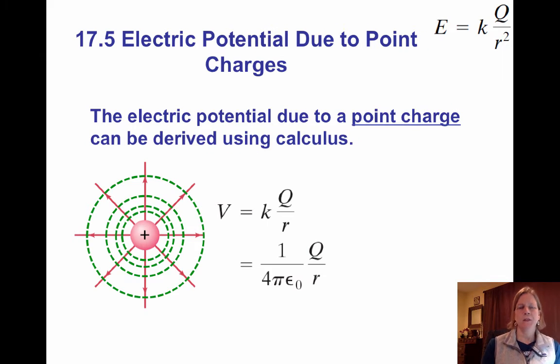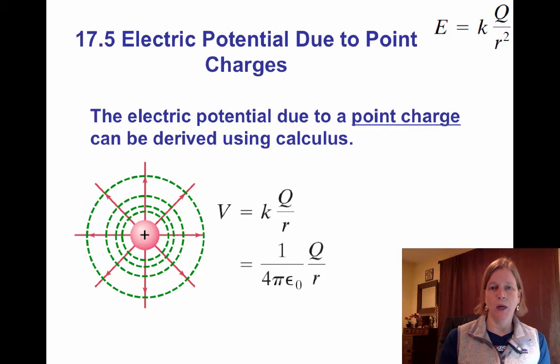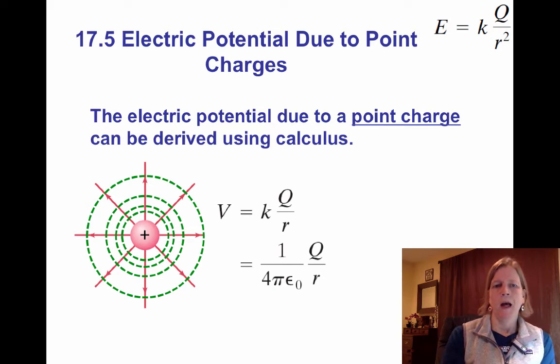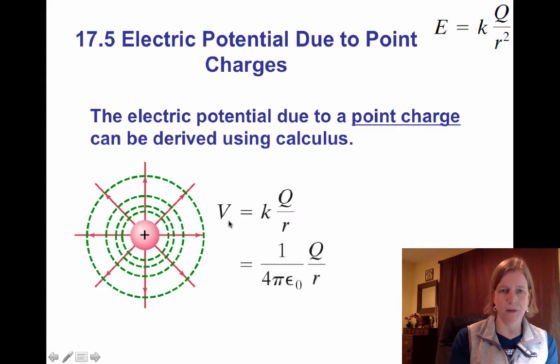Let's consider the electric potential due to a point charge. If we were in a calculus-based class, we could derive this with calculus, but in our algebra-based class, we are given the equation. So the potential for a point charge, and once again, the book does not give us a subscript that says point charge, but if I were writing down equations, I would write that down.